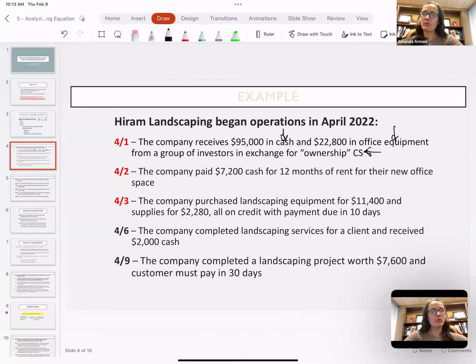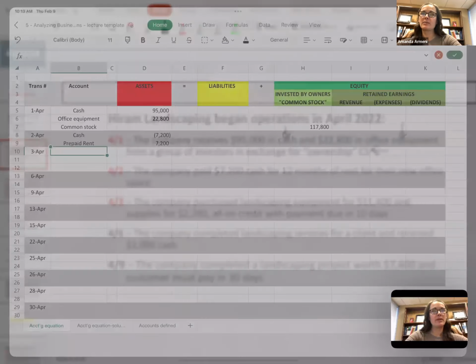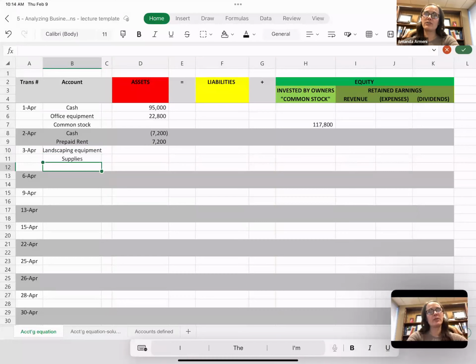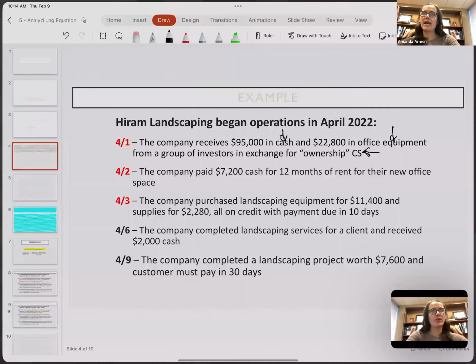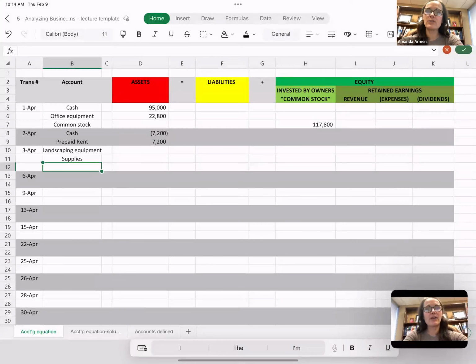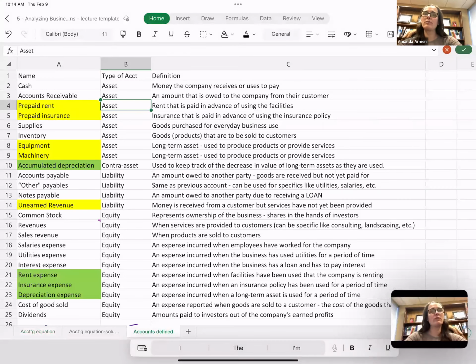So first of all, we know that landscaping equipment and supplies are going to be two of our accounts. But then we have to think about that payment due in 10 days. And we did go through one like this in the previous example, but you may not remember because it's not as familiar to you. So go ahead over to that accounts defined tab and let's figure out which one makes the most sense.